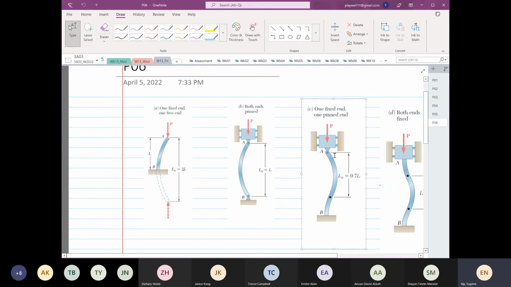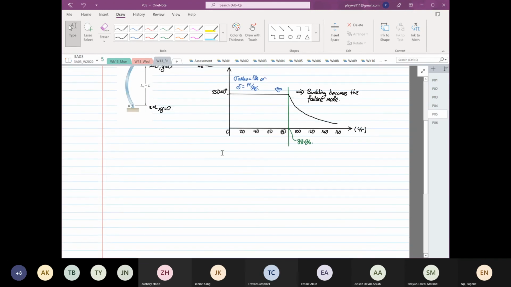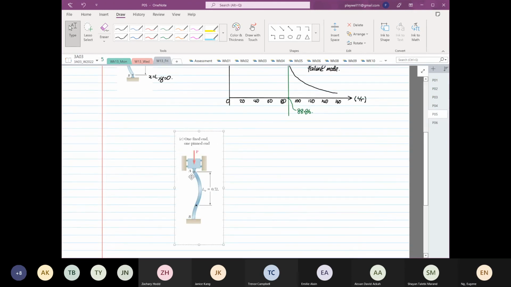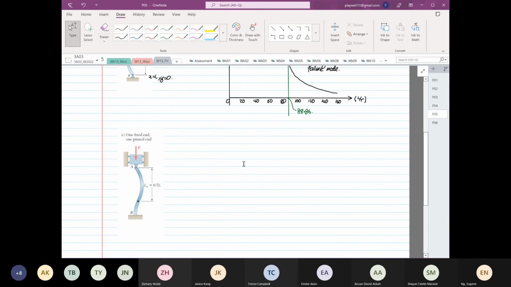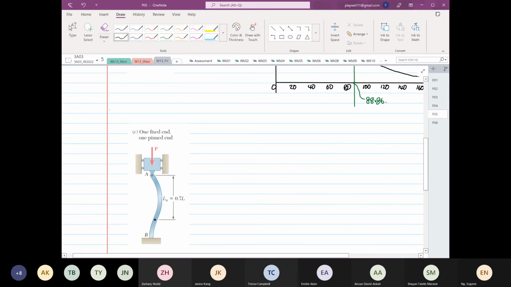The next condition, number 3, is where one end is fixed and the other end is a pin end.